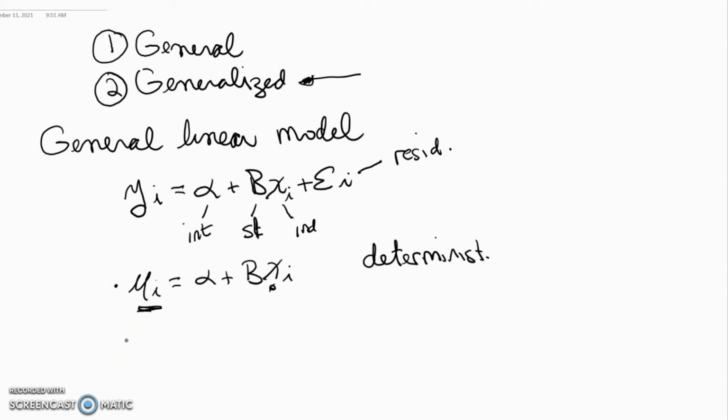However, when you actually obtained a value for them, they might have different values because of the residual, but they would still have the same value of mu i. And we can think of mu i as being the expected value of y i. So that's the first step.